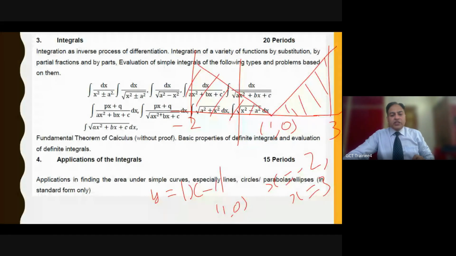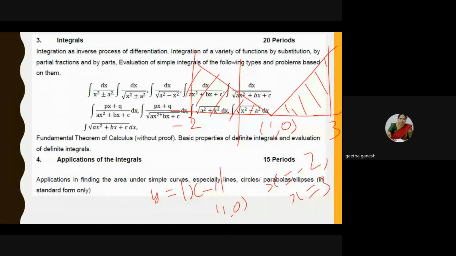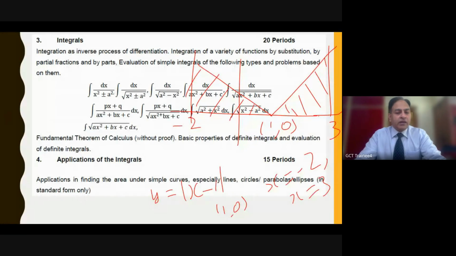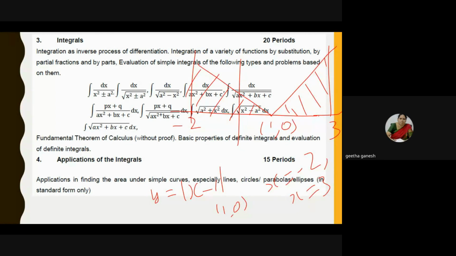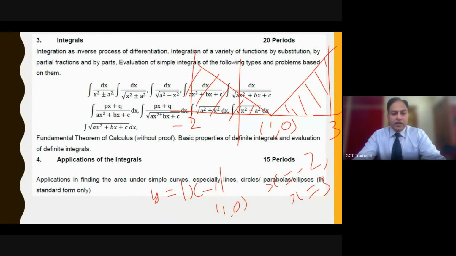See, circle equations only in a standard form. You can expect a circle and a line, not 2 circles. Circle and a line, you can expect that. Sir, there are some sample papers in which we have seen questions like the graph of log x, the area bounded by log x and e raised to the power x, although they are not given in the NCERT. In which sample paper have you seen that?